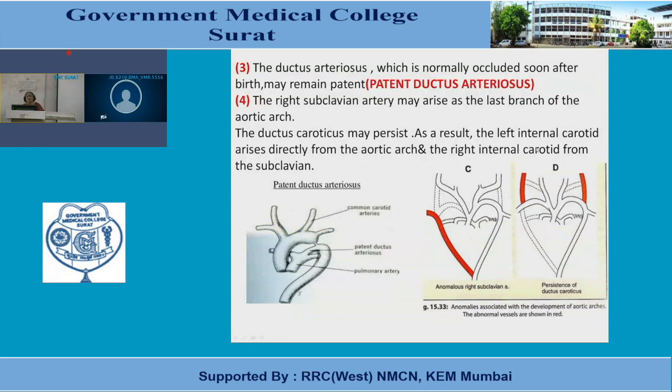As a result, the left internal carotid artery is derived directly from the aortic arch and the right internal carotid is derived from the subclavian artery. All these indicate anomalies associated with the development of the aortic arches, and the abnormal vessels in this diagram are shown in red.